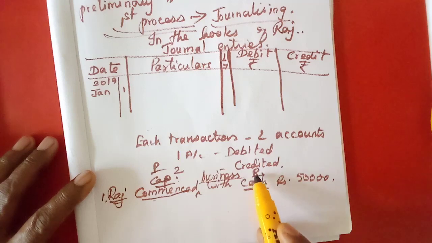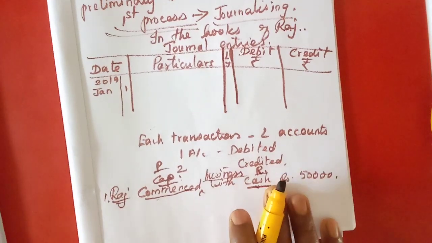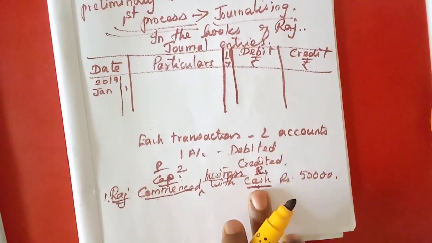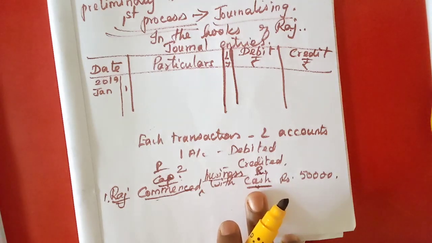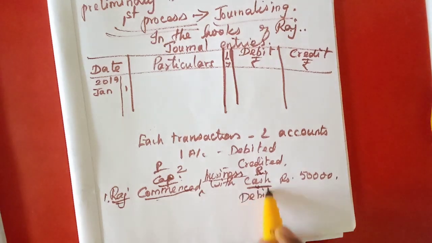Now, for the real account, what is the rule? That is very important. We will recollect that rule once again. Debit what comes in, credit what goes out.